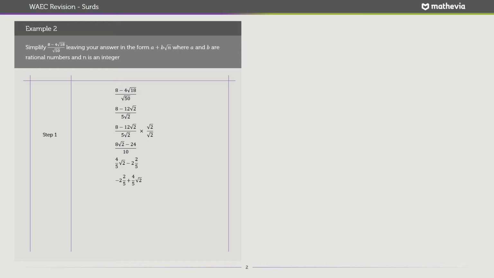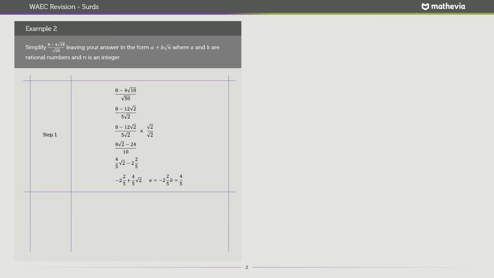When you work it like this, you'll find that your a is minus 2 over 5, and your b is 4 over 5, and n is 2. So basically we've simplified this expression, and we have our a and b as rational numbers, and n as an integer 2.